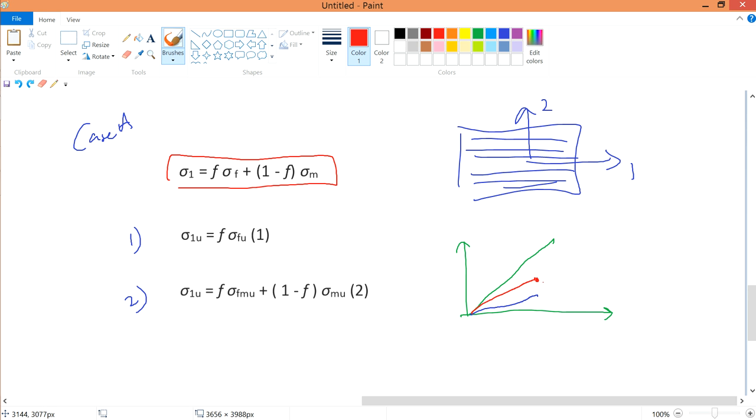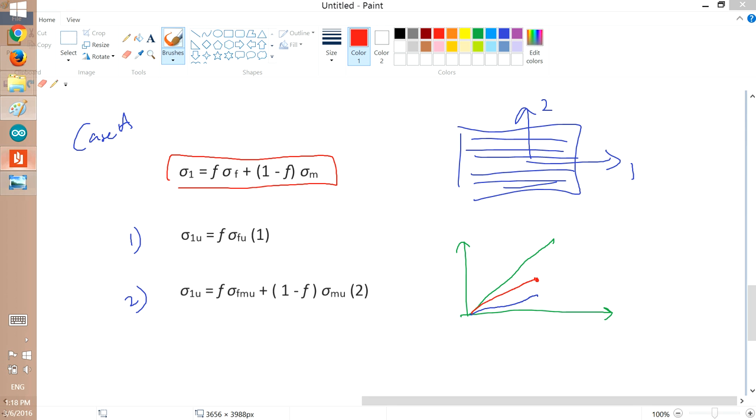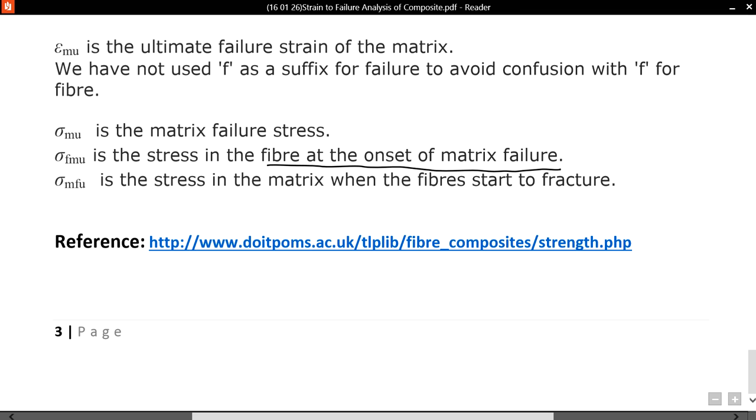If the matrix fails first, you go stagnant, and after that the fiber will take over and you start to grow. If the fiber fails first, then you always stay like that all the way. Hopefully this is clear. I think this is it for case A.